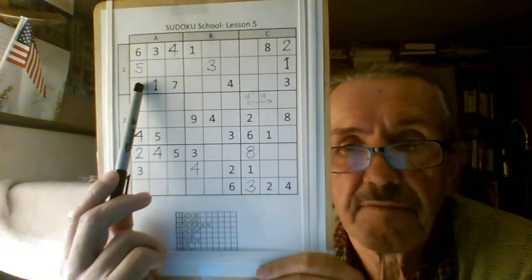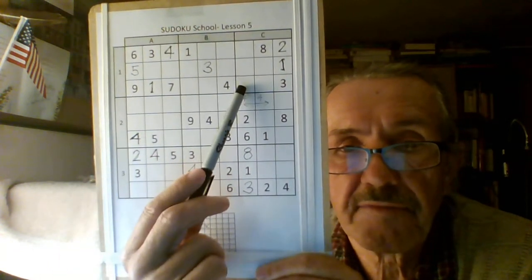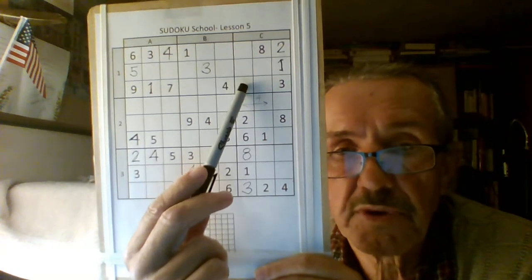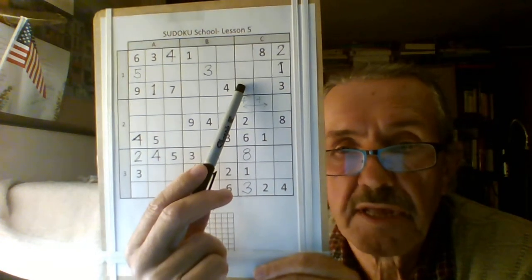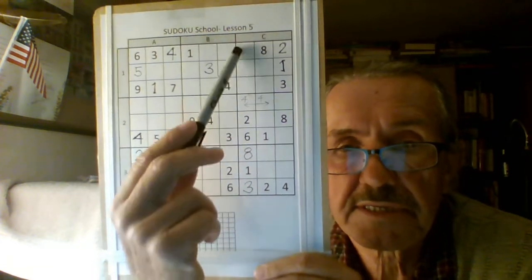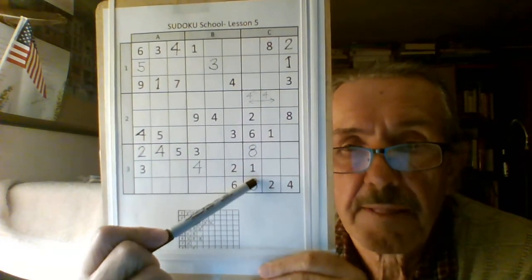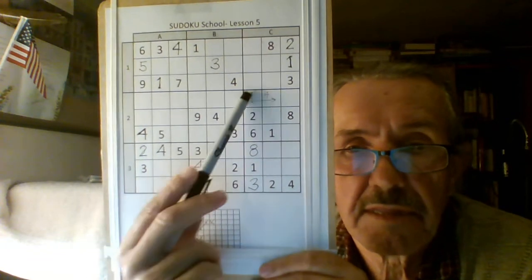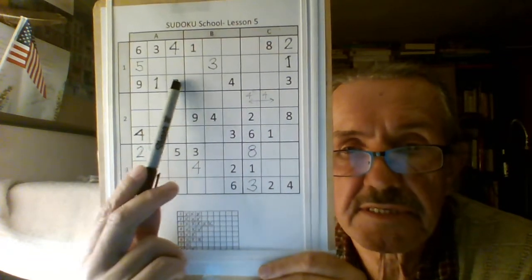Number 5 will be over there. Number 6 doesn't work, because number 6 already exists in this column. Number 7 already exists in this row.